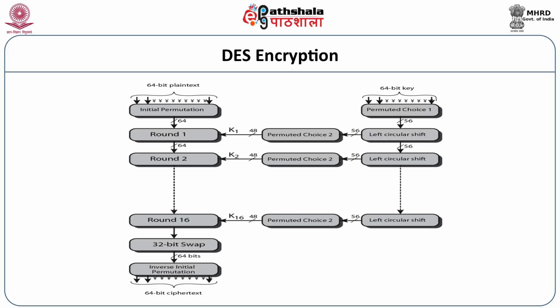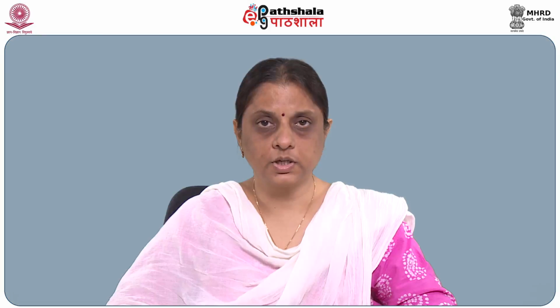This is the block diagram of DES encryption. You can see the 64-bit plain text is input. Initial permutation is followed. Permutation and substitution: two keywords are discussed when we talk about encryption or cryptography.